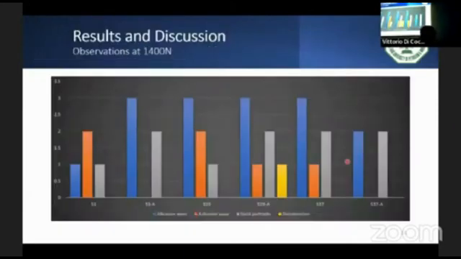For the observations, we took the materials tested at 1,400 Newton and put a scale from 0 to 3 for what we observed. For S1, which is the material P110, in the beginning we didn't see a lot of abrasive wear, it was less, but the adhesive was high.